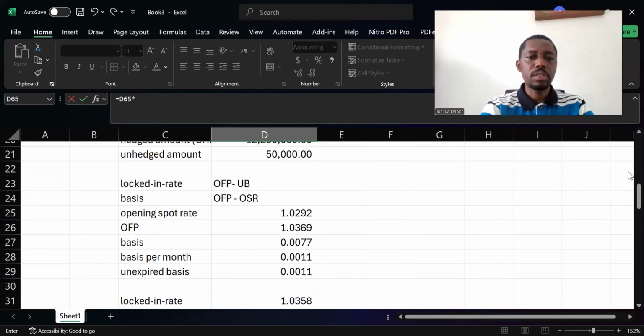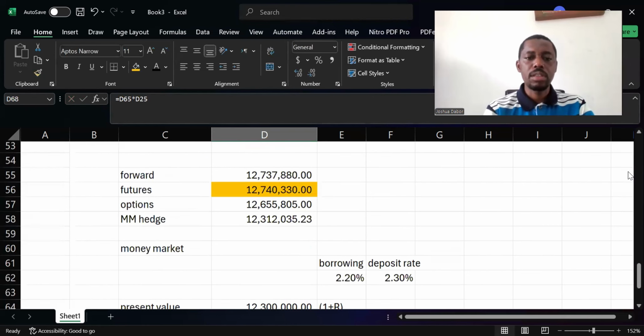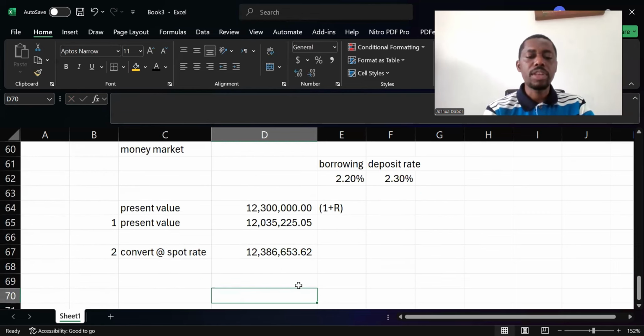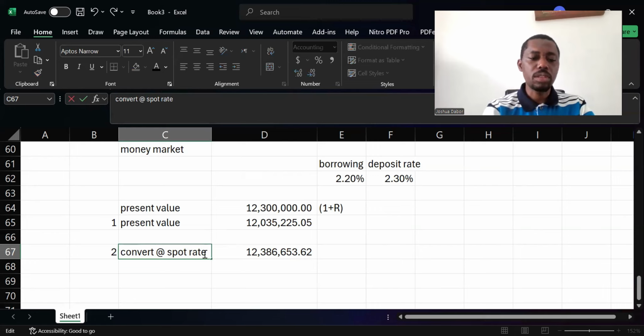So that's 12,386,000. So after you've converted this amount here is in the CHF, while this amount here is in the local currency. So this takes us to what? The USD. So this amount here is USD, while this amount is what? CHF.